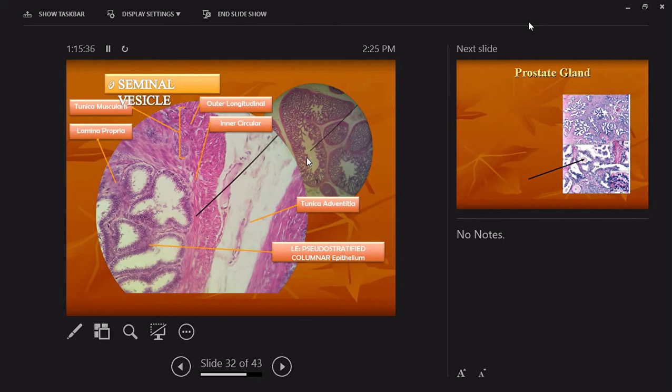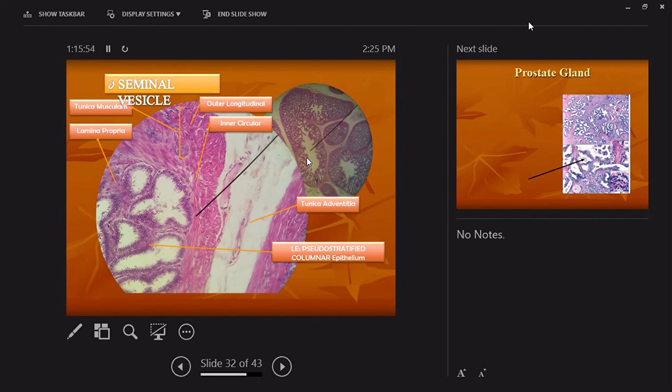So for the mucosa, you have the lining epithelium, the lamina propria, and then your inner circular, outer longitudinal.